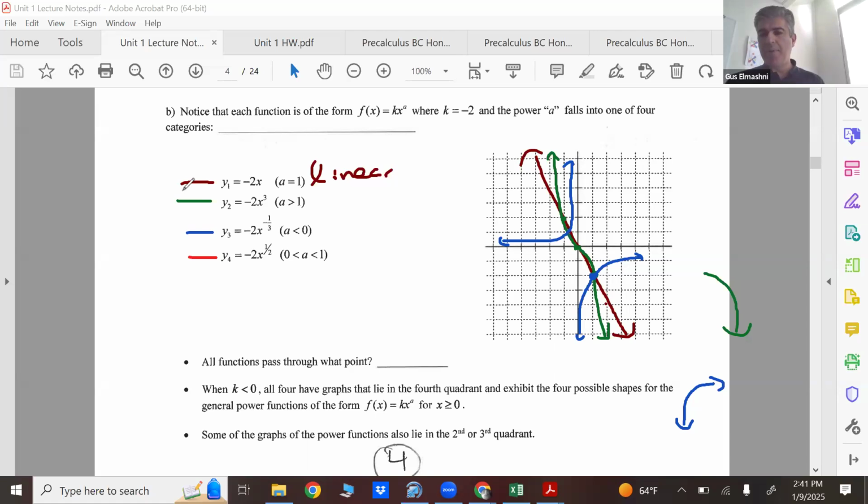I kind of just eyeball the other ones. And then here, start here. Let's go red. So expect it to kind of look like this. So they all pass through (1, -2). So all of them are in the 4th quadrant. They have those shapes I just showed you. And some can be in the 2nd, 3rd quadrant. Depends on domain, right?